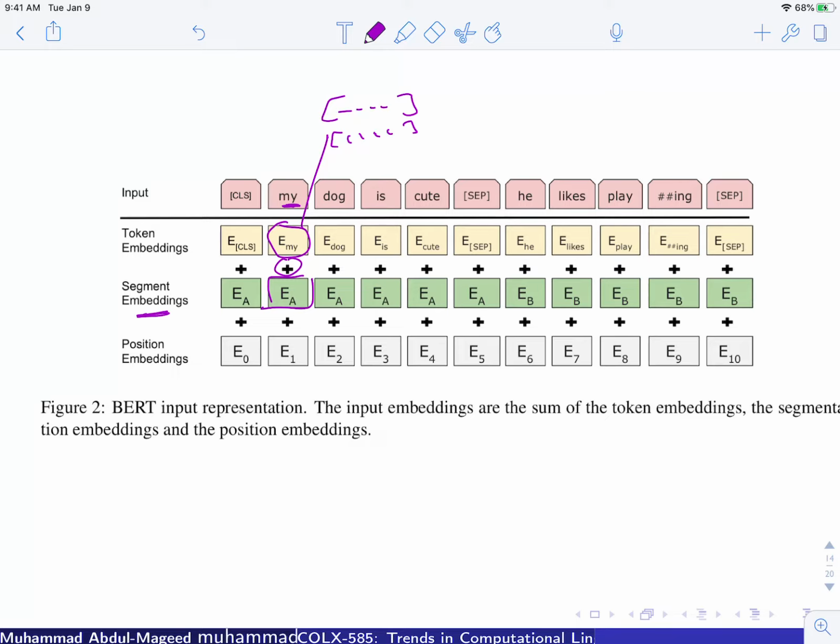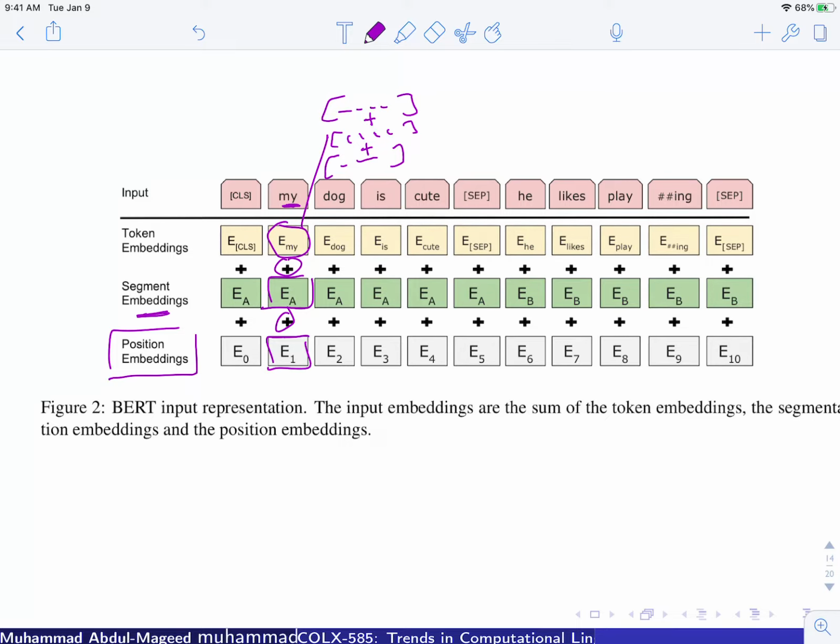And then there's actually one more vector that you will add to each token, which is a position embedding. We have looked at the idea of positional encoding when we talked about the transformer before. So basically you add these three vectors for each token, together with the positional embedding vector, to get some sort of representation.